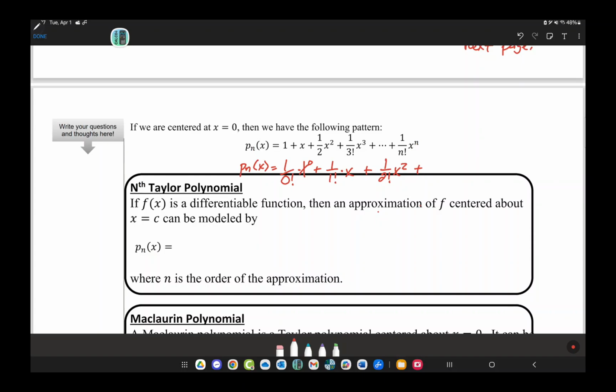What is 0 factorial, by the way? It's 1. Does anybody know why 0 factorial is 1? What does factorial mean? What do we use factorial for? It's finding the number of choices.